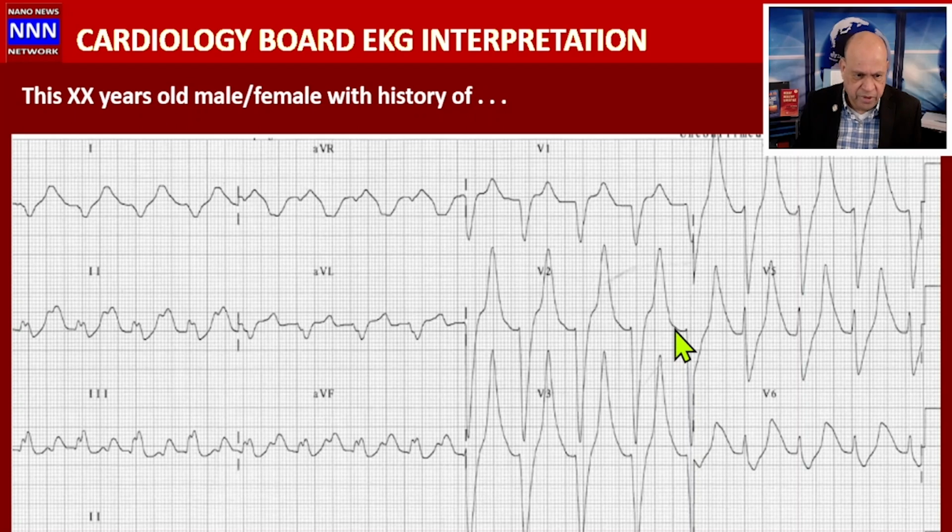When you're talking about hyperkalemia, notice that there is widening of the QRS complex, then tall peaked T waves. There's also going to be the loss of P waves with higher levels of potassium, wide QRS complex, and eventually we'll end up seeing what looks like a sine wave.